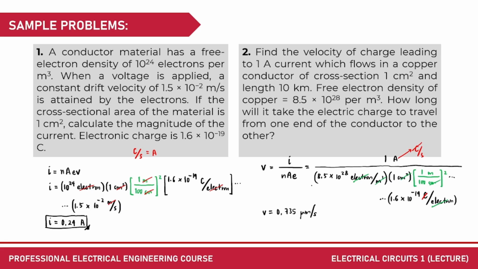Okay? But the question is, how long will it take for the electric charge to travel? So we have the time as the distance of 10 kilometers, 10,000 meters, divided by 0.735 times 10 raised to negative 6 meter per second.